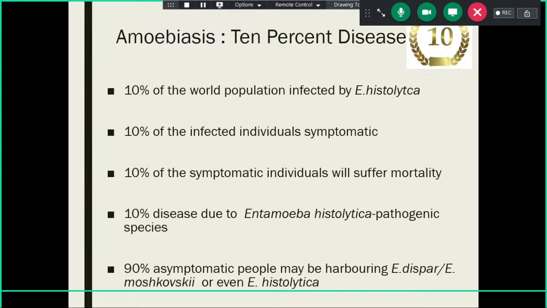Okay, amoebiasis follows a 10% rule. We have a mnemonic for it, that is, 10% disease.